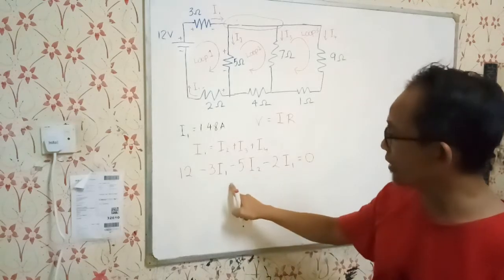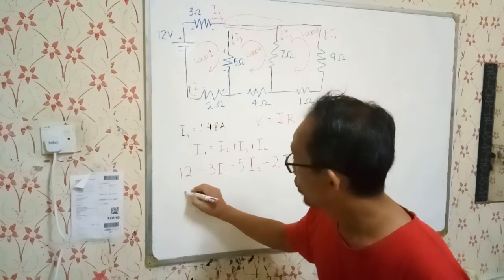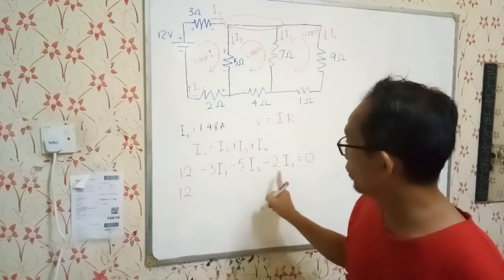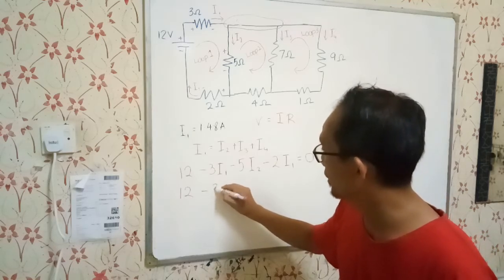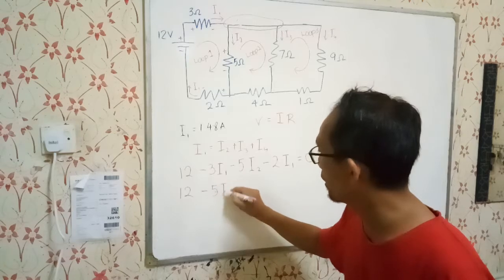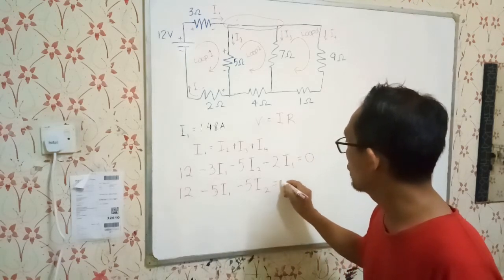We can simplify this because we have two terms involving I1, so 12 minus 3I1 minus 2I1, so it's minus 5I1 minus 5I2 equal to 0.